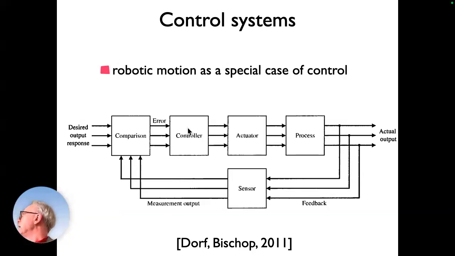And you would have a controller, which is how you tell your actuator what to do. For instance, on a robot arm, it might be something electrical, some current you send to the motor. It's different from the physical action of the motor, right? And then the comparison is essentially your control algorithm, how you combine the desired output and the sensory input to send something down there.